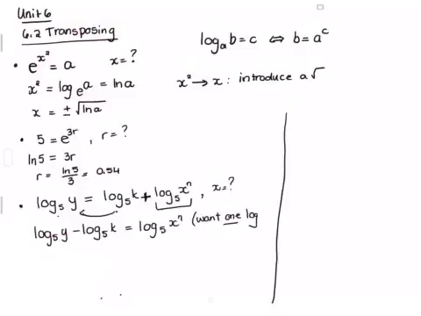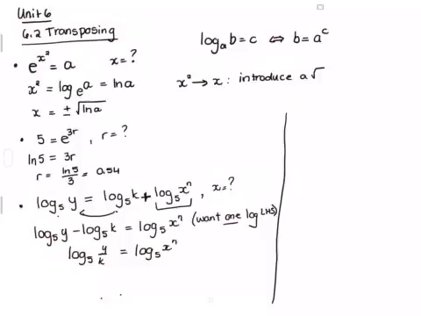I want to keep space here to do another example, so I'm squeezing this in here. Oh, but we have a rule. If you subtract 2 logs, you can make it 1 log, where you divide the numbers, provided the bases are the same.